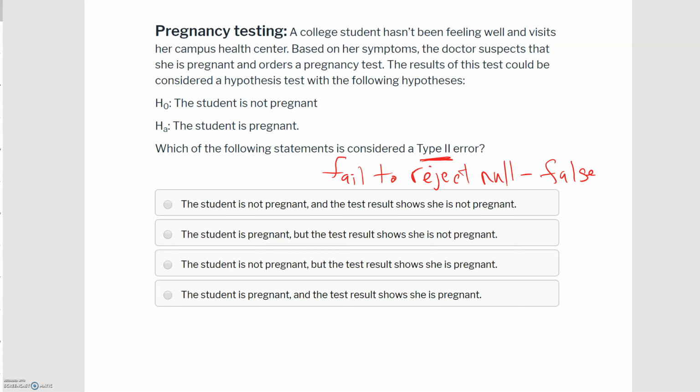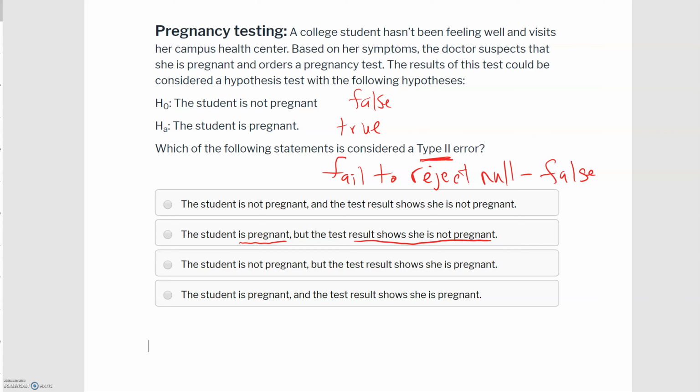So what is false if the student is not pregnant? She is pregnant. So this is false in a type 2 error, and this is true in a type 2 error. But you failed to reject the null. So in the answers here, it says the student is pregnant, but the test came back negative, came back as not pregnant. That's a type 2 error.